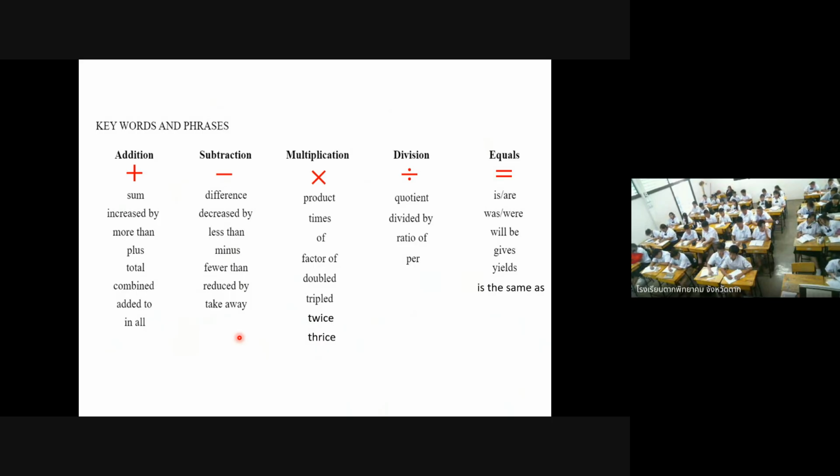Again, we're going to translate words, statements into symbols. So you need to know this. The ones in the other school, please copy it as well. 5 minutes only.